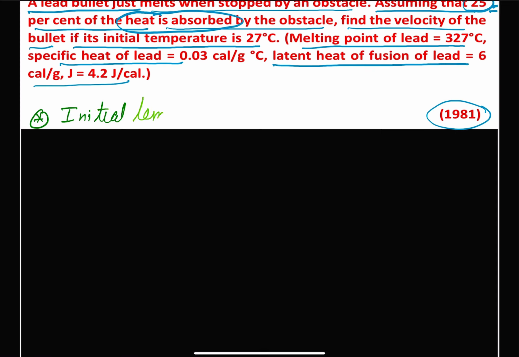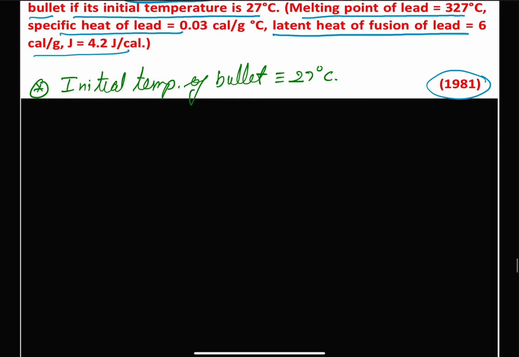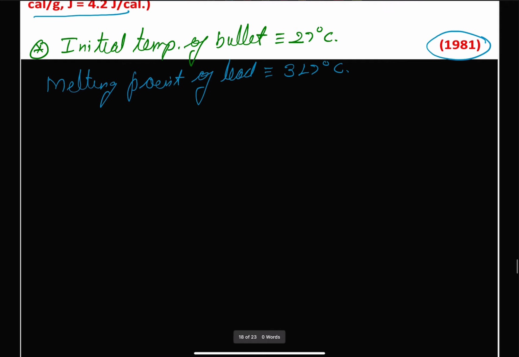Initial temperature of bullet is 27 degrees centigrade, and melting point of lead is 327 degrees centigrade, and the rest of the things are known to us.